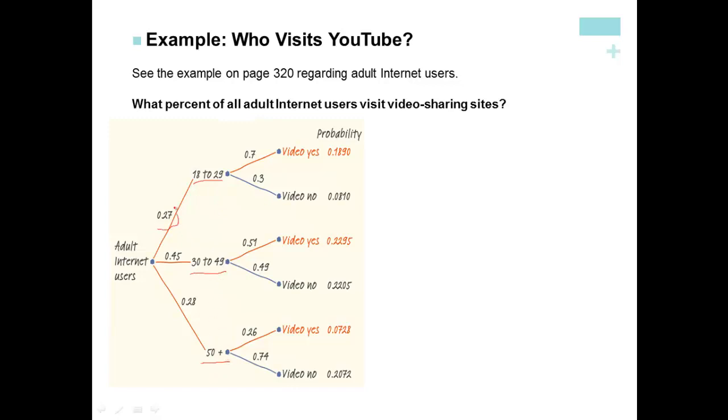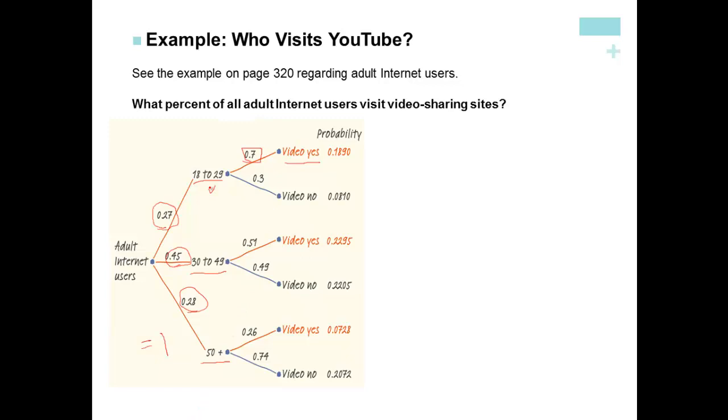The percent of online adult internet users between the ages of 18 and 29 is 27%. The percent of 30 to 49-year-olds is 0.45 or 45%, and the percent of 50 and above is 0.28 or 28%. Again, those 3 numbers should all add up to 1.